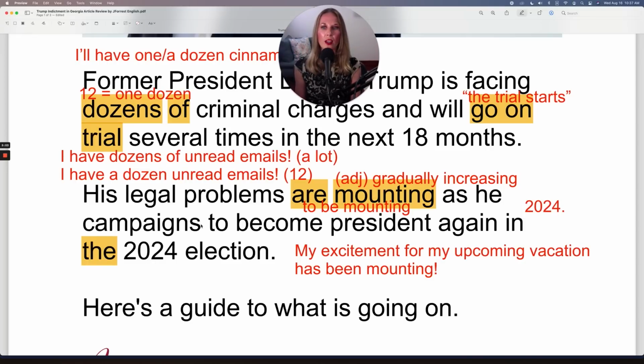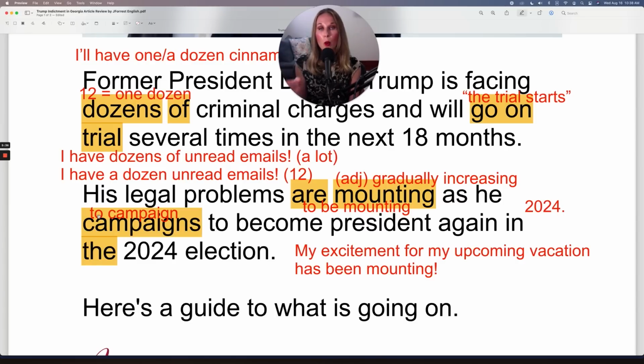Also notice here that campaign, what do you notice about it? He campaigns, as he campaigns to become president. This is a verb. The verb is to campaign. I know it's a verb because, for one, the placement, subject, verb, and also the fact that it has this S on it, which means it's conjugated in the present simple, as he campaigns, to campaign, to become president.